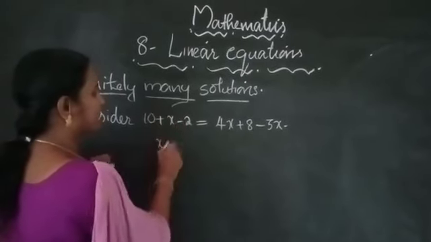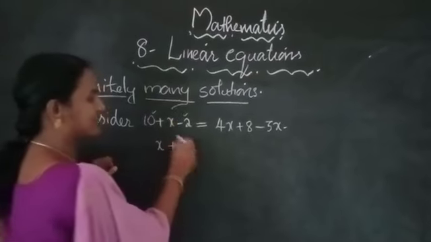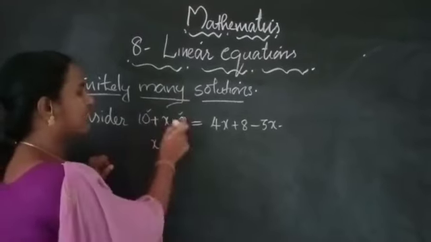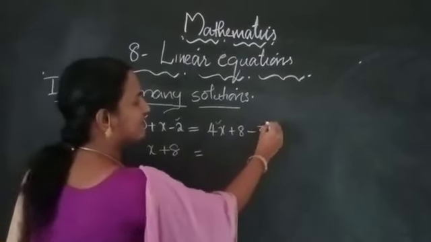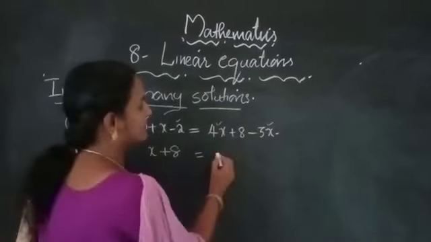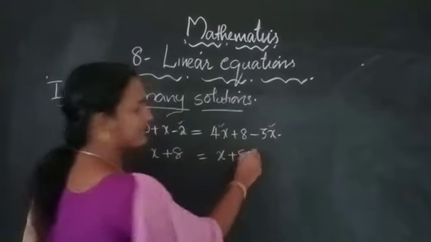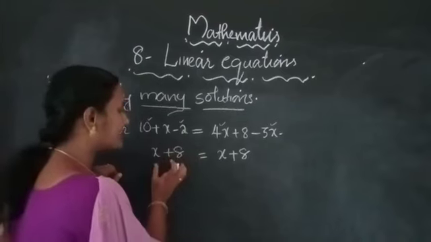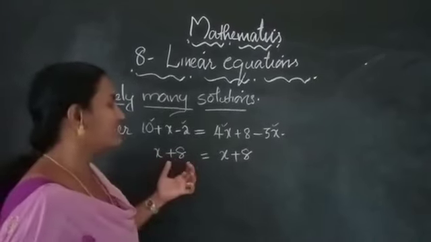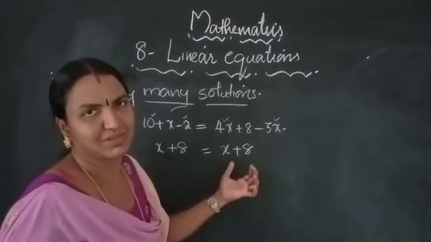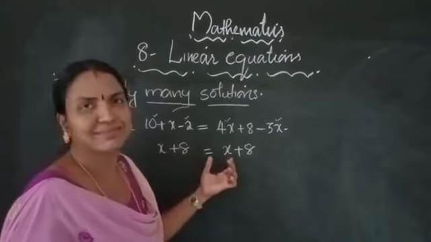On the left, x, then 10 minus 2 is 8. On the right, 4x minus 3x is 1x. So the LHS is x plus 8 and the RHS is x plus 8. This is a true statement. Any value of x will satisfy this equation.